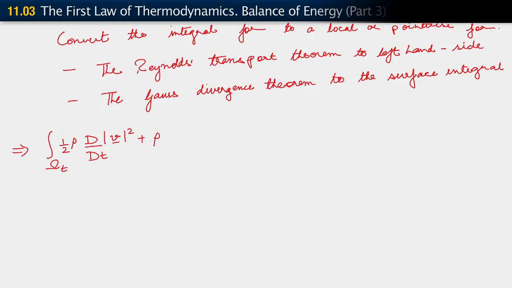The mass density remains unaffected, and we have the material time derivative of the internal energy per unit mass. These terms integrated over dV equal the integral over Omega_t of the rate of working of the body force and the local heating, unchanged.